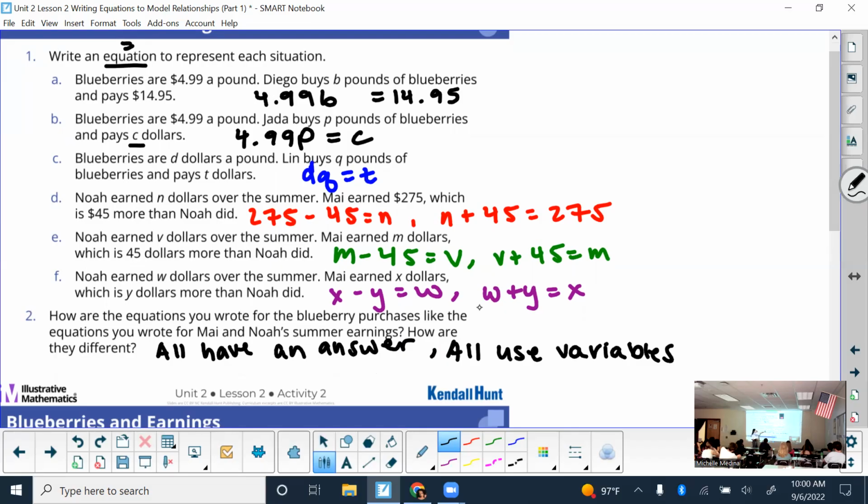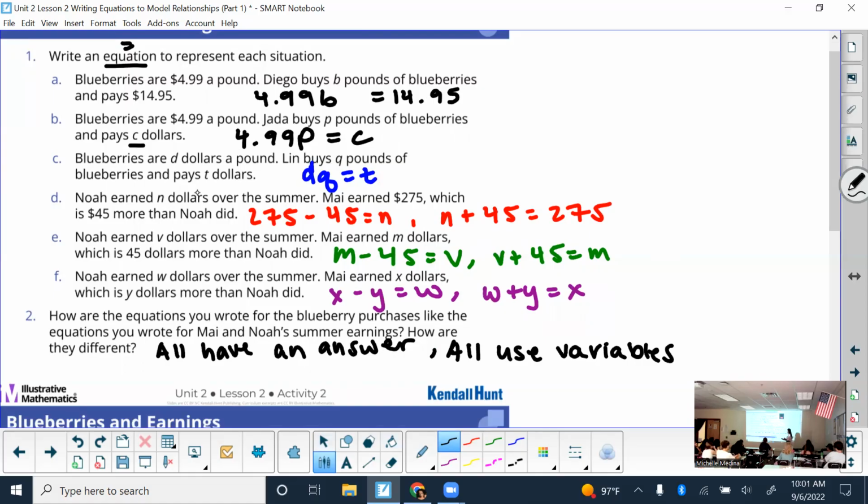Like what does the X mean down here? Who earned that? Mai. So this would be an equation to show me what Mai earned. How can I find out what Noah earned? The W equals equation. All right. So good stuff there. Questions on this process?